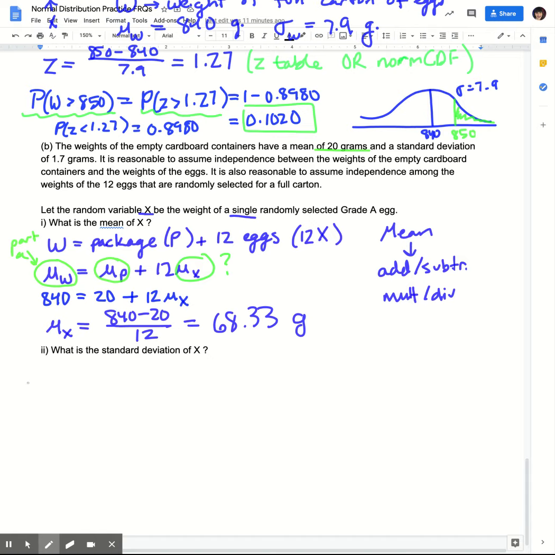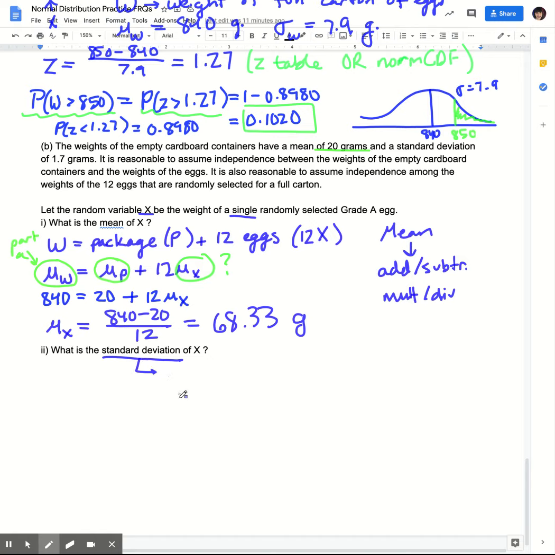Okay, so for part two here, it says what's the standard deviation of one egg, of this distribution of one eggs? If you recall, when we talked about combining and multiplying, dividing, adding, subtracting constants to standard deviations, we would never deal with standard deviations.